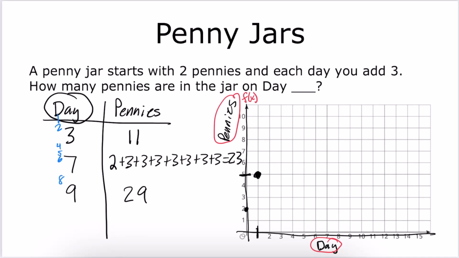And you can actually have some really good conversations about why it matters which axis you would put it on, because the pictures of the graphs that you'll get would be different depending on which axis you have them on. And you can use that discussion as an opportunity to explain to them what the mathematical conventions are that mathematicians have just decided to land on.